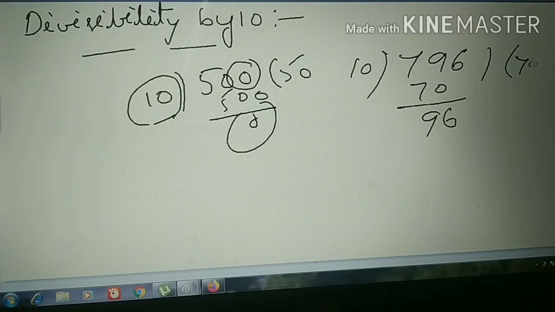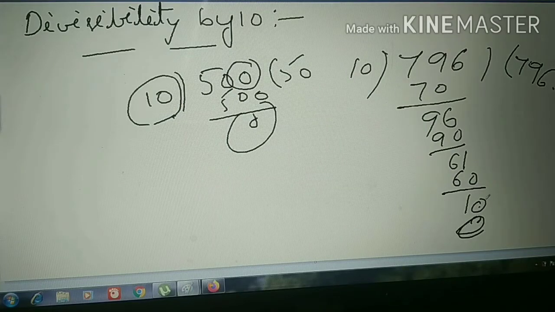Again bring down this 6, 10 nines, 90, you get 6. Again take this one, 60, after that 1. So to get this divisibility you have to place 0 here, and then we have to take 10. Otherwise here you get remainder 1, right? So it is not exactly divisible by 10. Understood this one? Why? Because in the unit digit you don't have 0 here. If you have 0 and you bring down this 0 here, this is exactly divisible by 10.